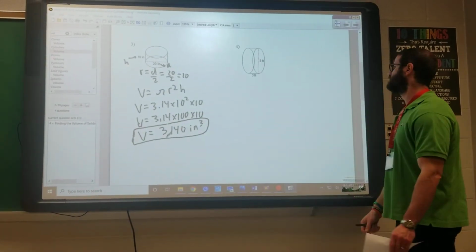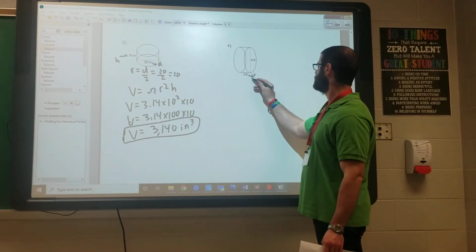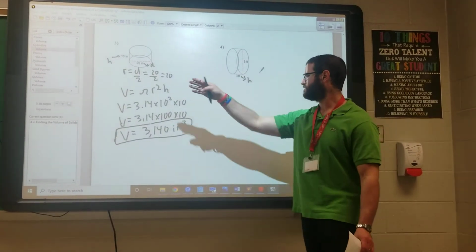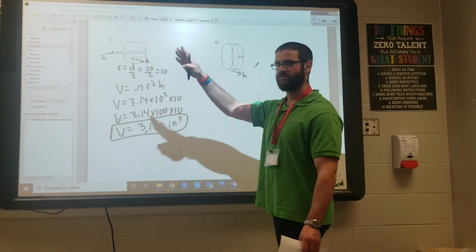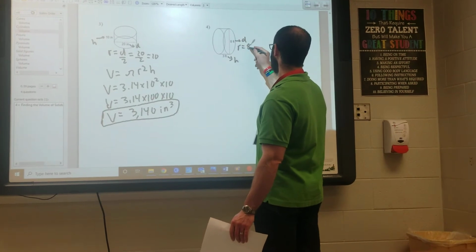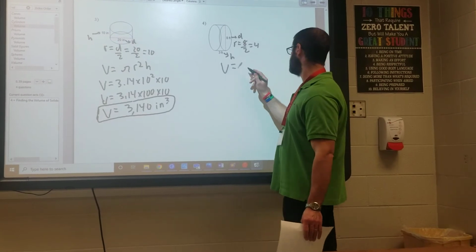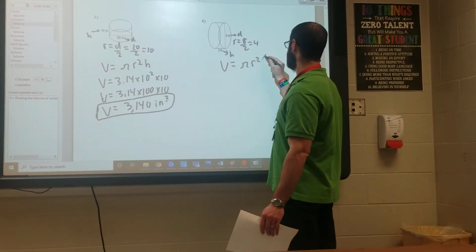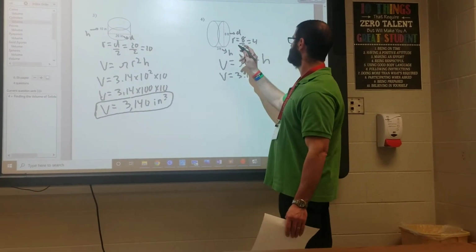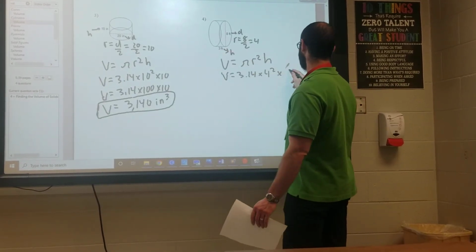Last one, cylinder. Notice it's on its side. Here are the two circular bases, so 3 is our height. Notice this dimension here, since it's all the way across the circle, that's the diameter. So just like the last one, we have to divide the diameter by 2 to get the radius first. The radius is going to be 8 divided by 2, which is 4. So we'll go ahead and calculate the volume. Volume equals pi r squared times height. So 3.14 times 4 squared, times the height, which we said was 3.